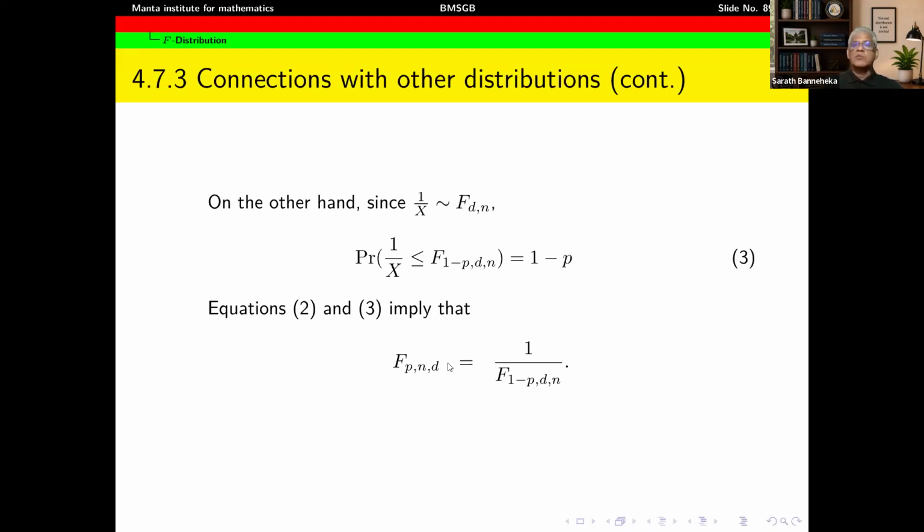Right. Actually, those tables contained critical values rather than quantiles. So if you wanted to get critical values for large P values, you had to use this relationship. Nowadays, we can get any quantile using, for example, R without using this kind of relationships, but it is nice to know these relationships and how they came.